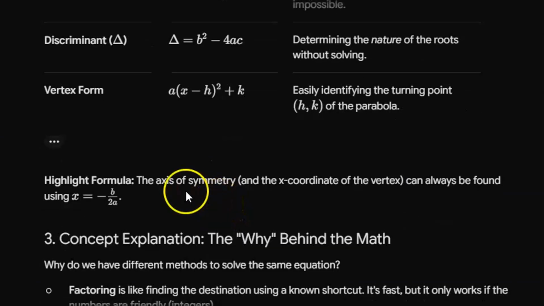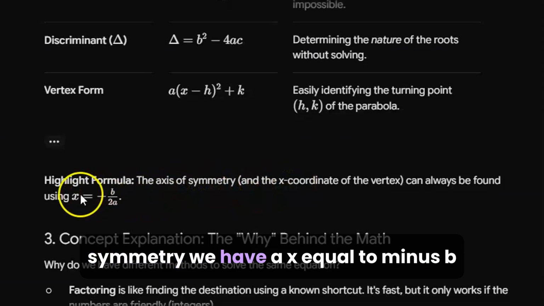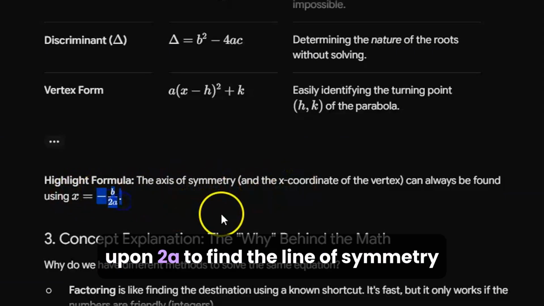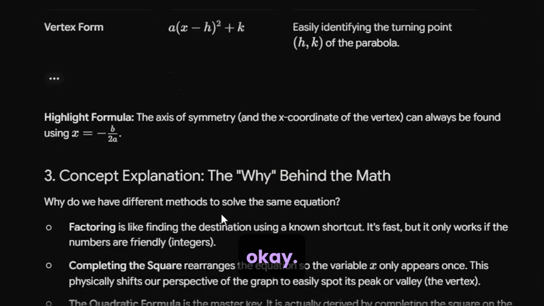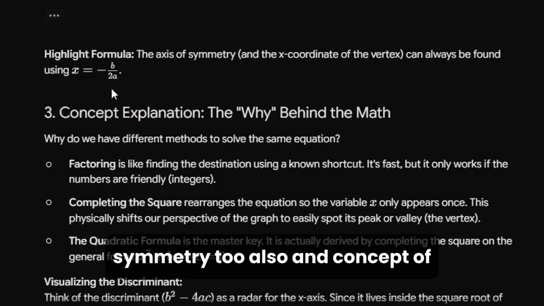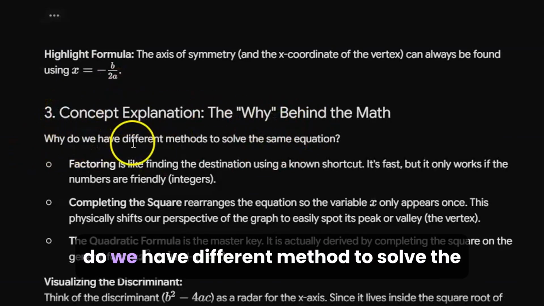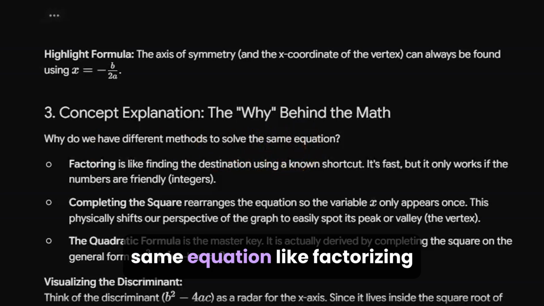I hope that's clear. Highlighting the formula for the line of symmetry: x = -b / 2a. Now the concept explanation: why do we have different methods to solve the same equation?